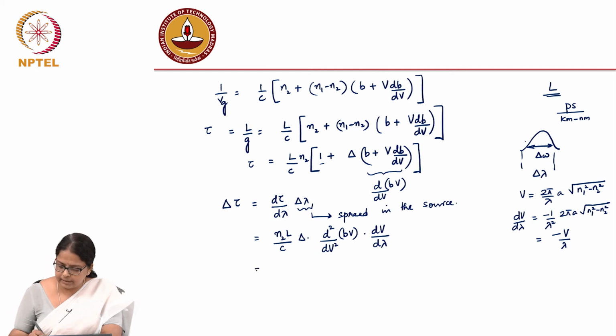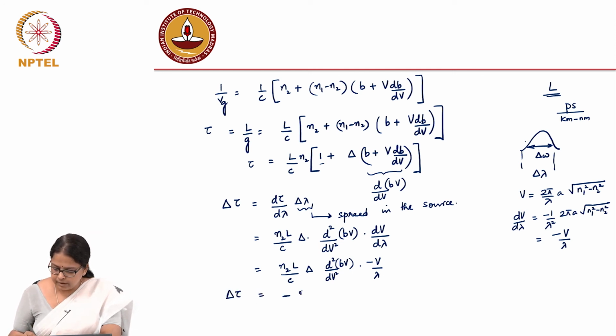So, here I can substitute this as N2 L by C delta d square by dV square of bV times minus V over lambda. So, I get delta tau as minus of N2 L by C delta; of course, there is a delta lambda I am missing here, this delta lambda I have to keep multiplying. Delta lambda by lambda.